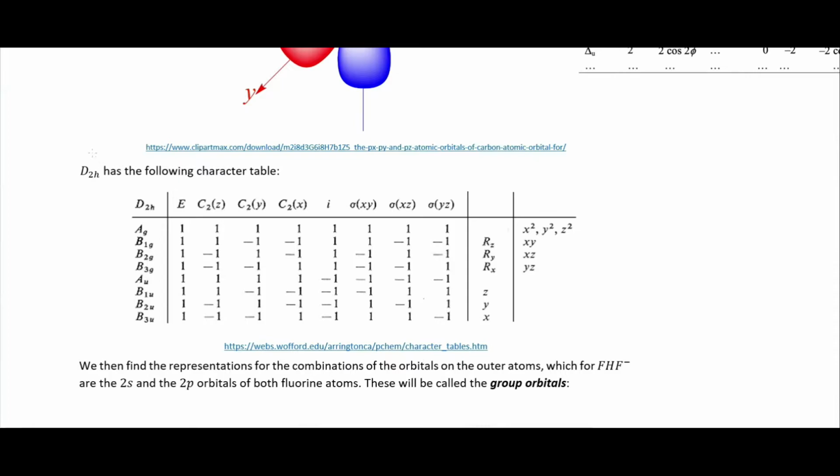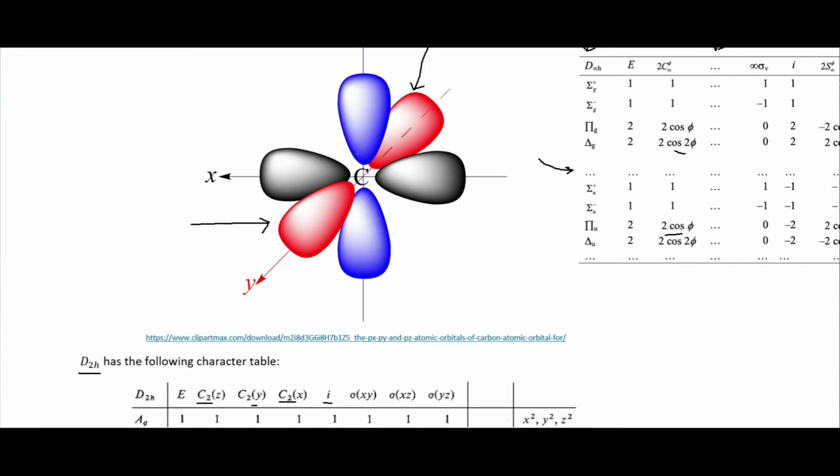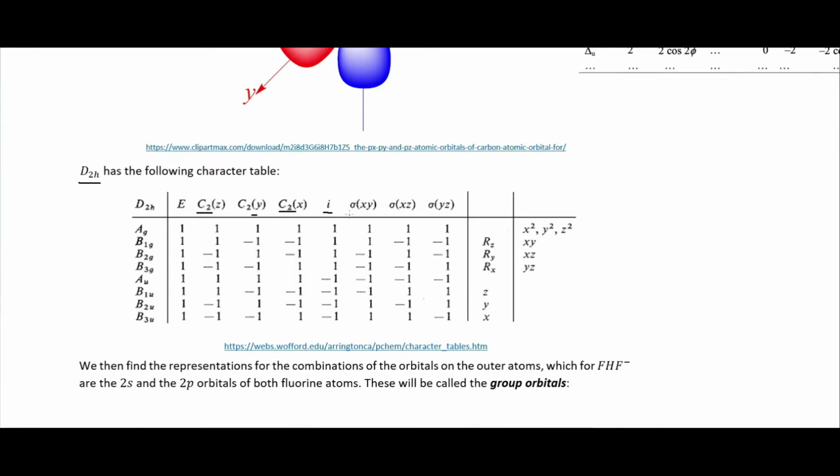So we can call it a D2h point group, which has the C2 rotations here. We have an inversion, which you can see we would have up here, and we have these different reflections in the planes.